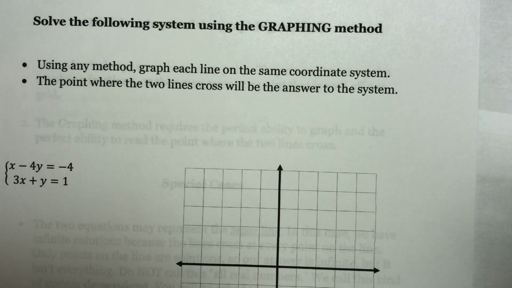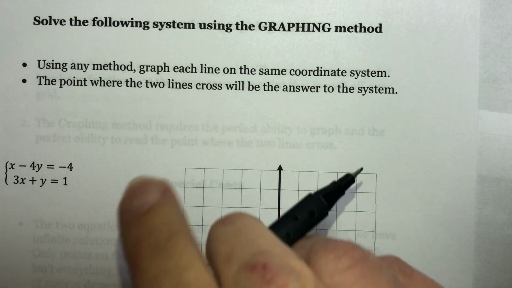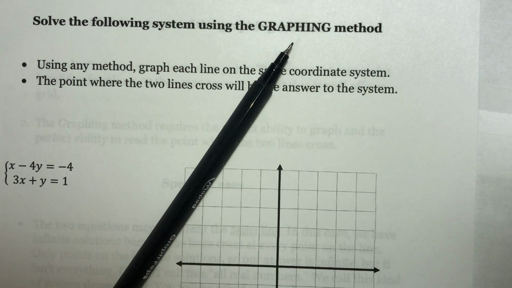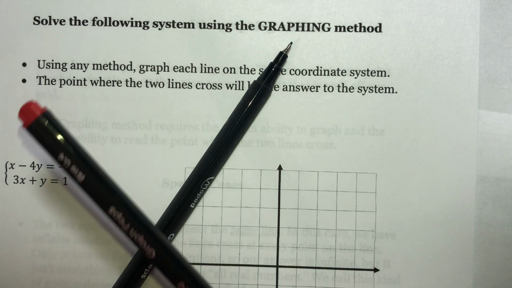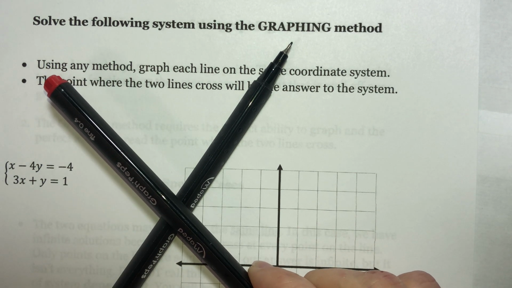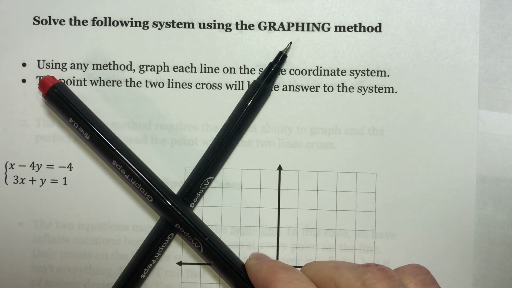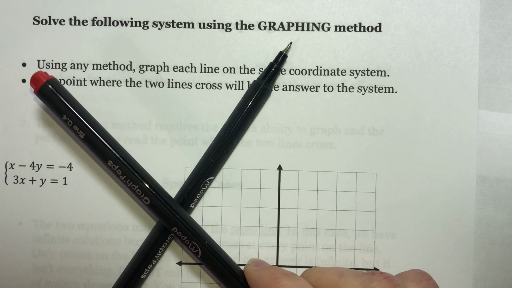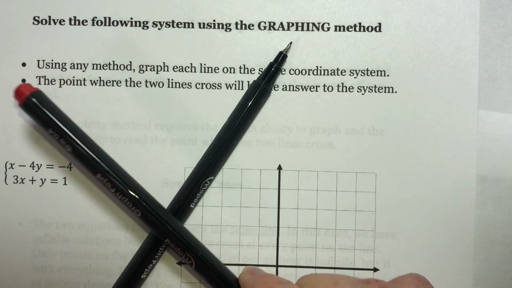If you remember from the last chapter, a line is a visual representation of every single solution to an equation. So if this line represents every solution to the first equation, and this line represents every answer to the second equation, the point where they cross is the only point they have in common. That would be the only point that solves both.